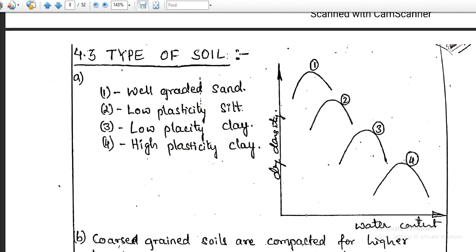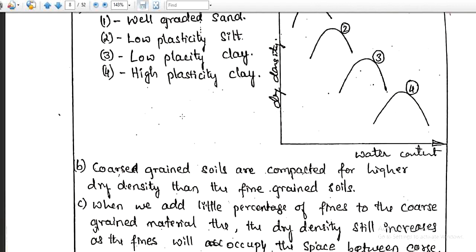But another thing which we can observe here is the curve shifts towards the left side. As it is a well graded sand, the curve will be at the most left side, and as it is a low plastic silt, a little bit left, and similarly for the other two. Okay, so we'll see the justification.